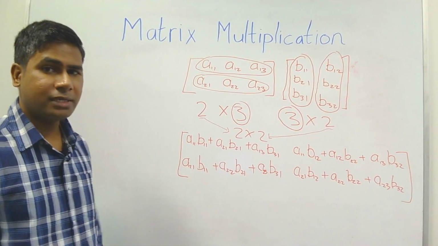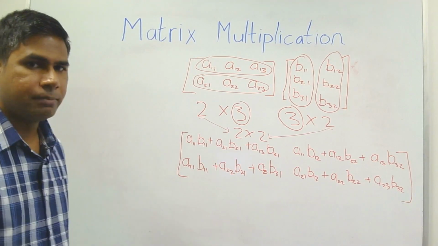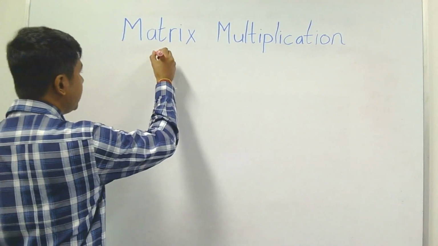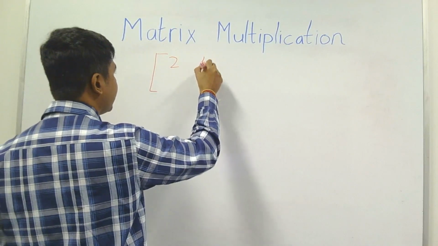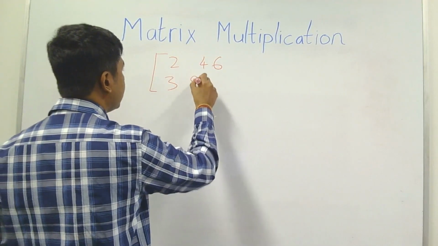We can illustrate this simple procedure by putting in some numbers, which is what we'll do now. For our first matrix, we could have row 1 being 2, 4, and 6, and row 2 being 3, 9, and 5.